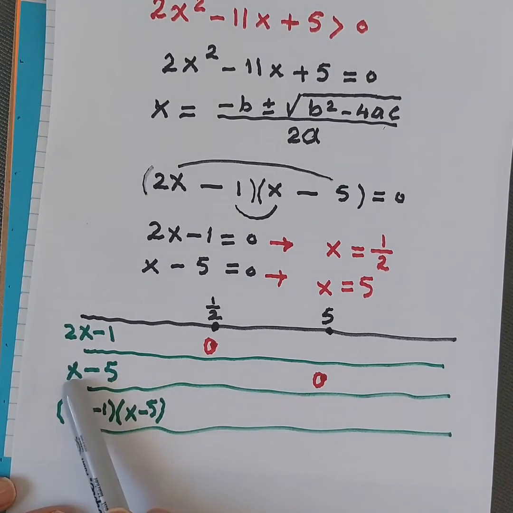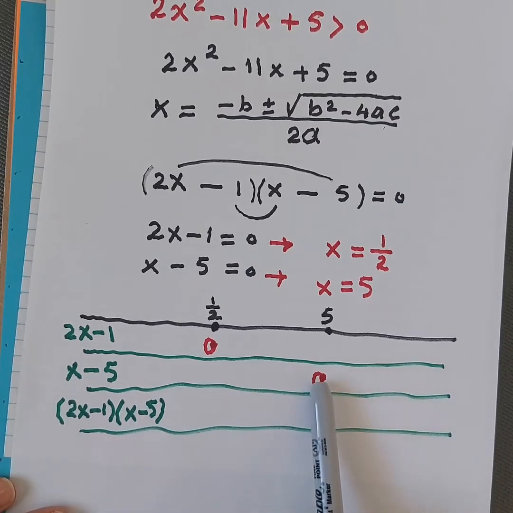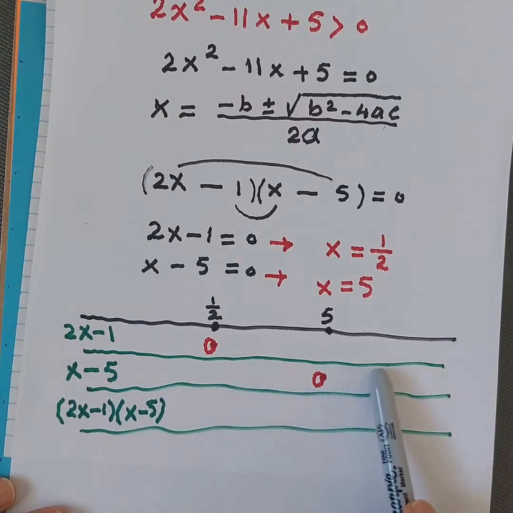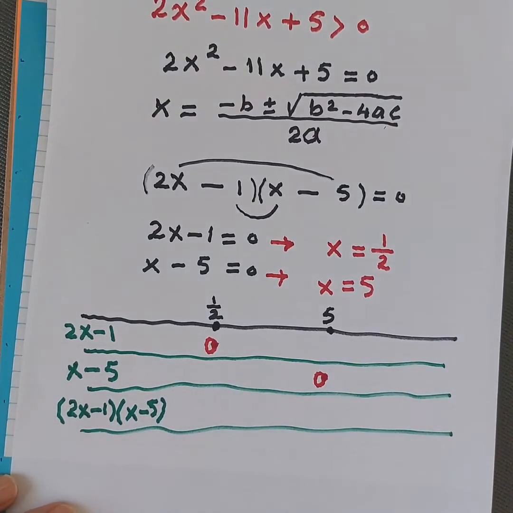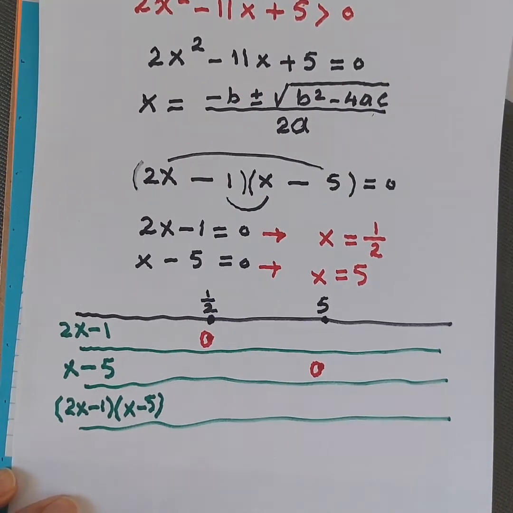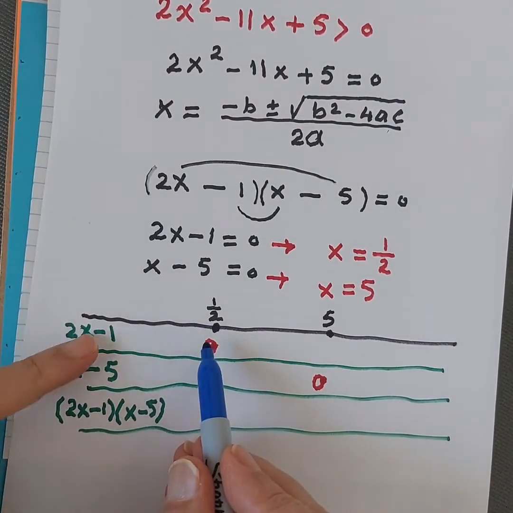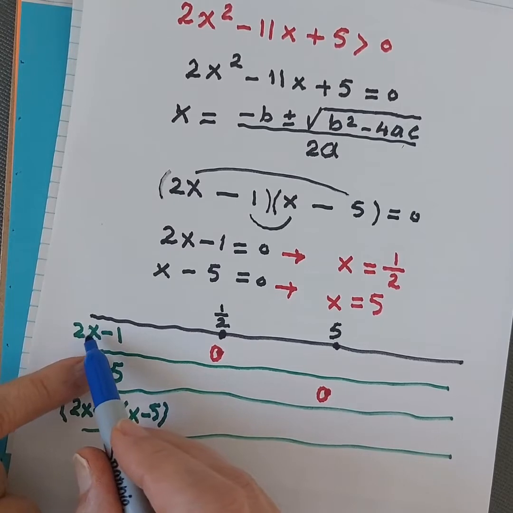Also for this one, before 0 all this will be negative and this will be positive. Let me represent that here. I said this is the 0 for this factor.